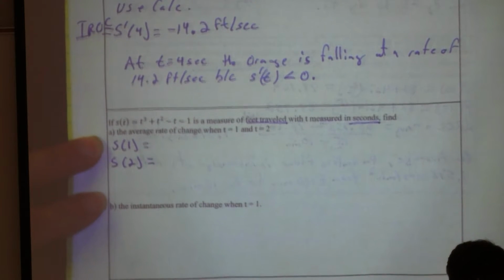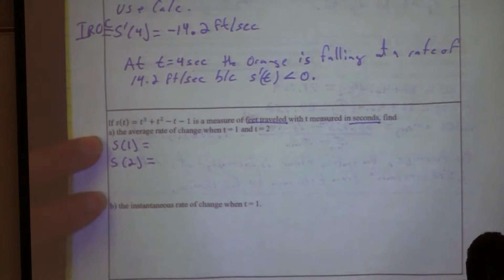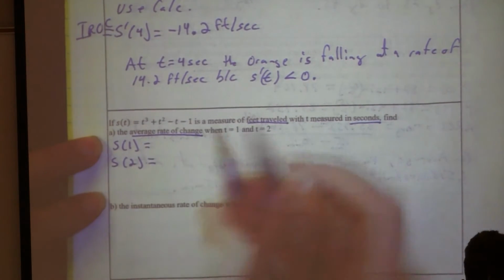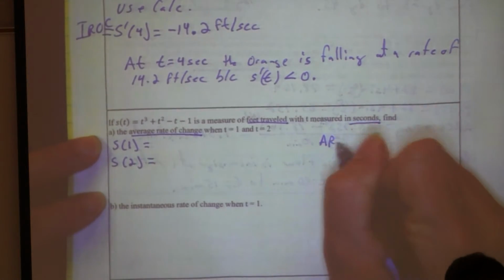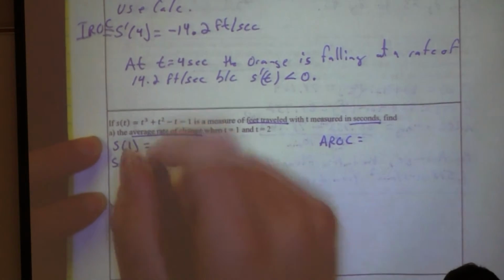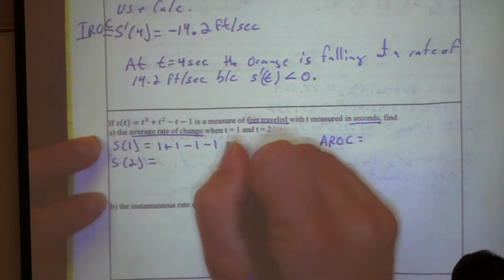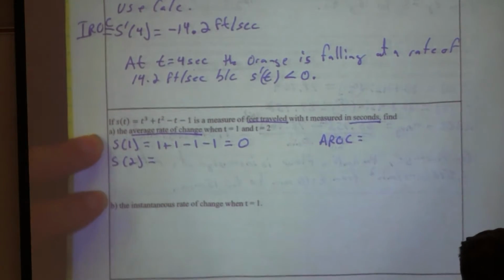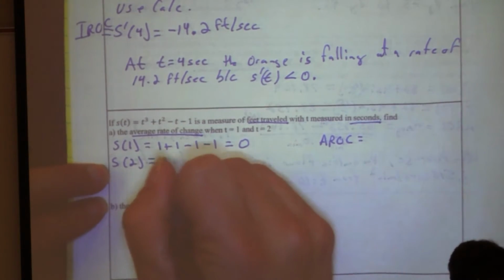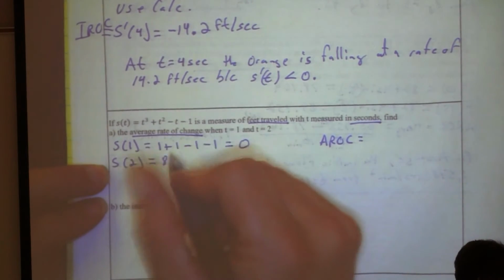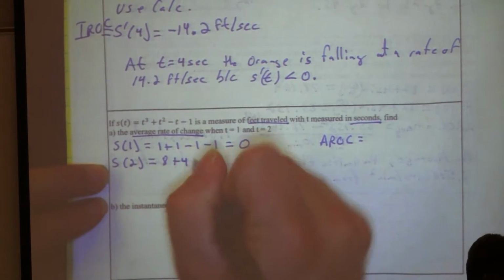So plug in those values into the equation so you can find them. We're doing average rate of change. So 1 plus 1 minus 1 minus 1. 0. Okay. Plug in 2. 2 to the third? 8. 2 to the second? 4.